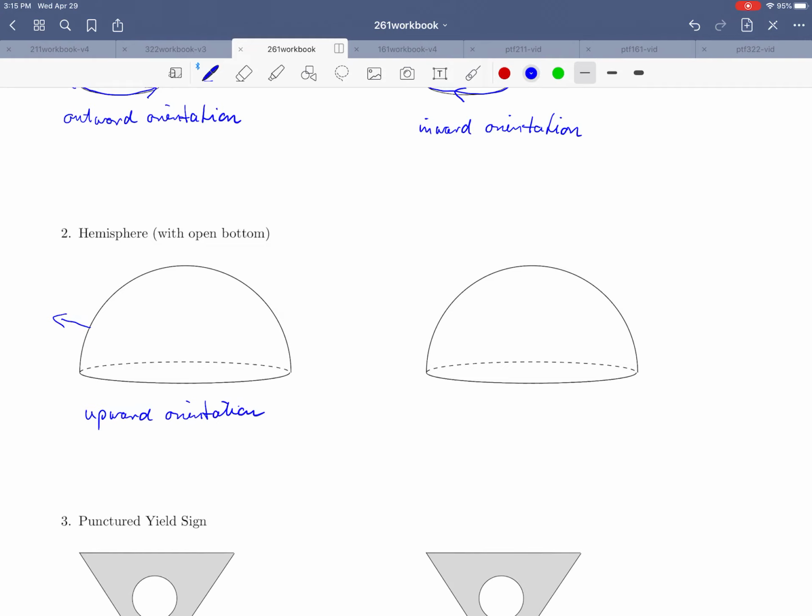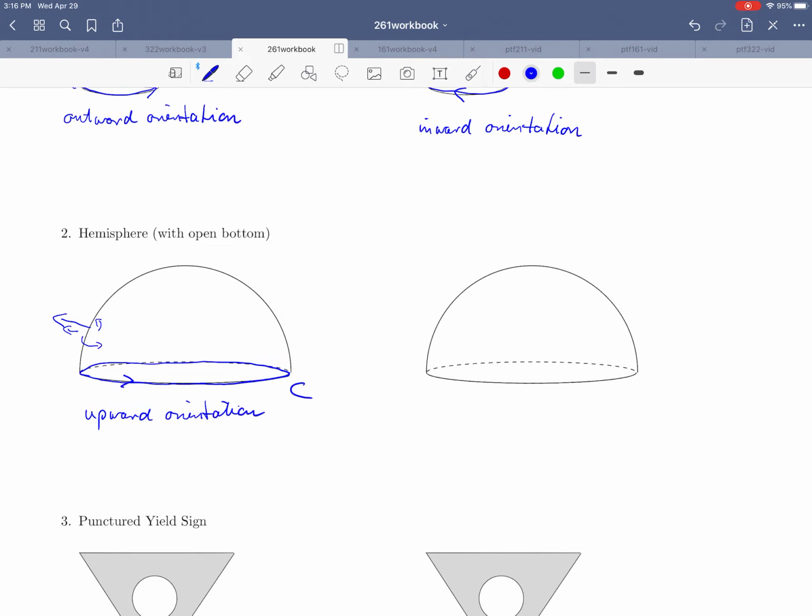If I point my thumb in the same direction right here and curl, I'm curling this way. That gives me, for the edge, which is my boundary curve C right here, this orientation, pointing to the right for the close edge.